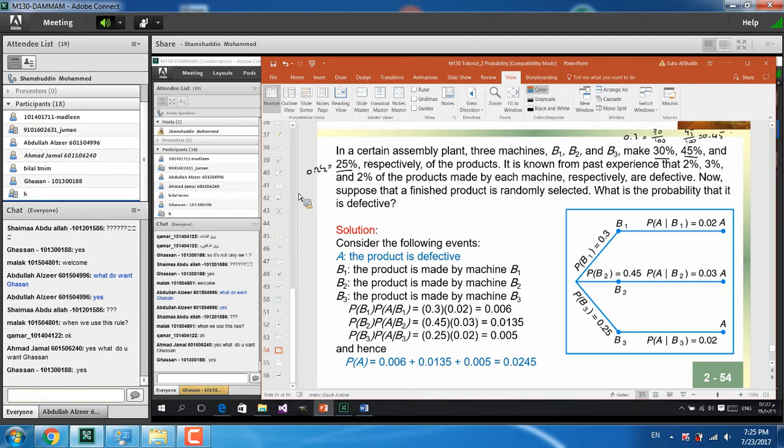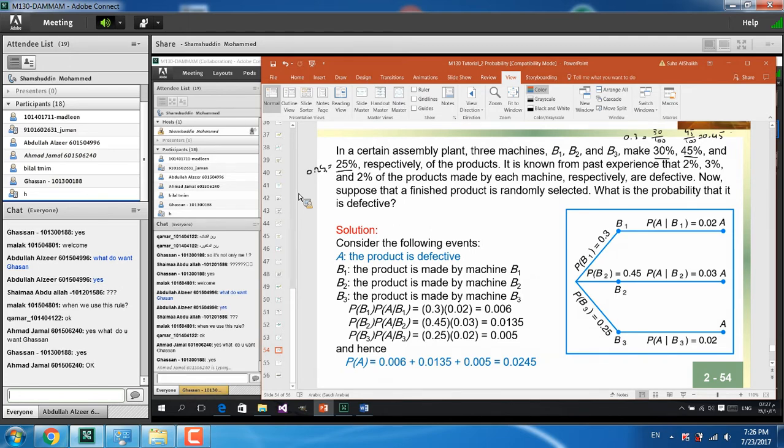Okay. So I have three machines that make 30%, which is 0.3, 45%, which is 0.45, and 25%, which is 0.25 of the products. Now this is the shape that you can see. The probability that something comes from machine B1 is 30%, 0.3. The probability that the product is from machine 2 is 45%, which is 0.45.